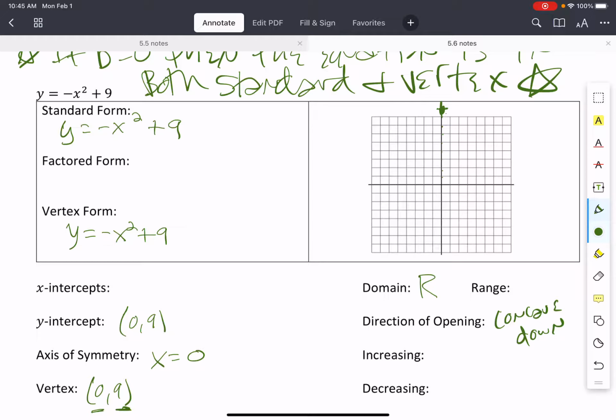I know I use the 9. But it opens down. So are my y's going to be under 9 or above 9 if it opens down? Under 9. Good. So is that less than or greater than? Yeah. Okay?